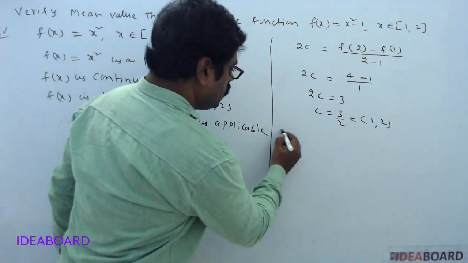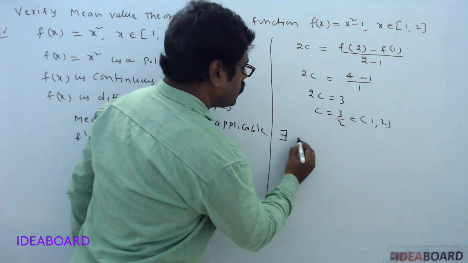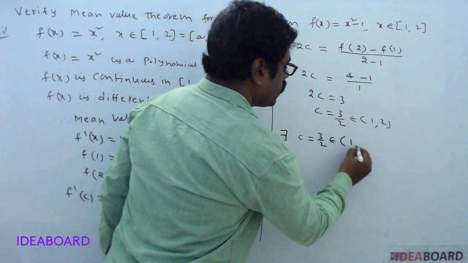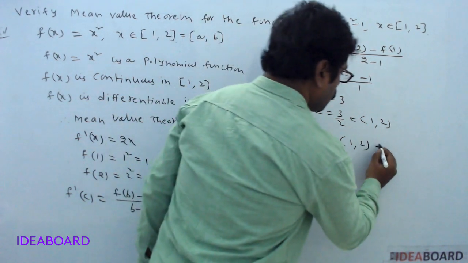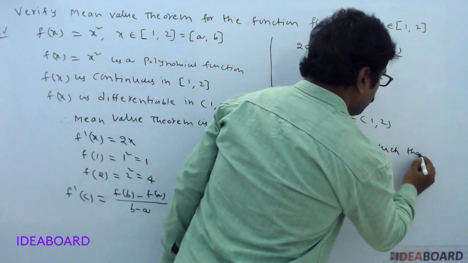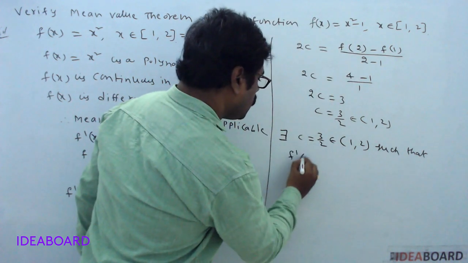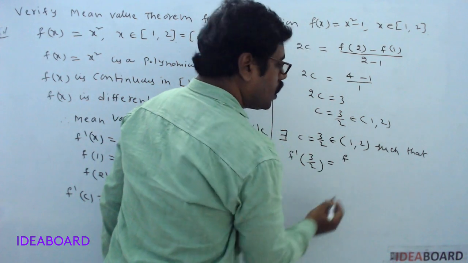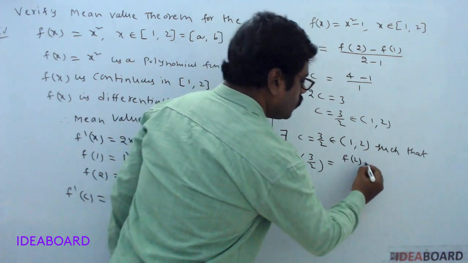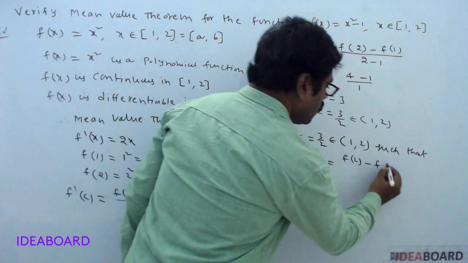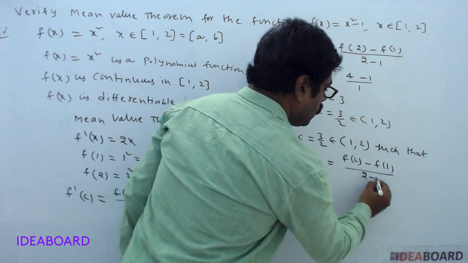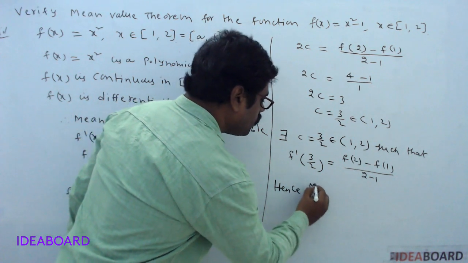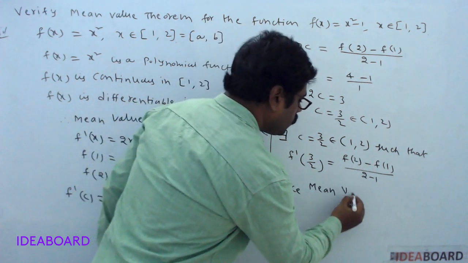So mention that part: there exists a value of c, which is 3 by 2, belonging to the open interval 1 comma 2, such that f dash of c, that is f dash of 3 by 2, equals f of b value 2 minus f of a value 1 upon 2 minus 1. So what is the conclusion? Hence, mean value theorem is verified.